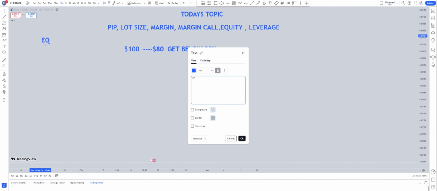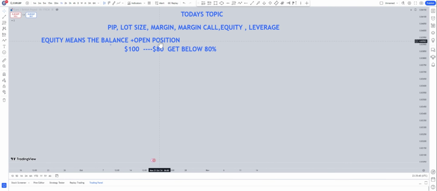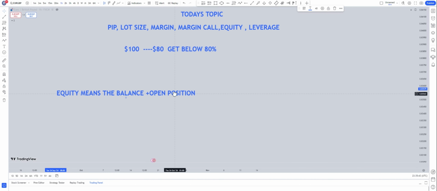Equity simply means balance plus open position. What do I mean by open position? Let's say, for example, your balance is $100 and you're in a trade and you're in a profit of $50.